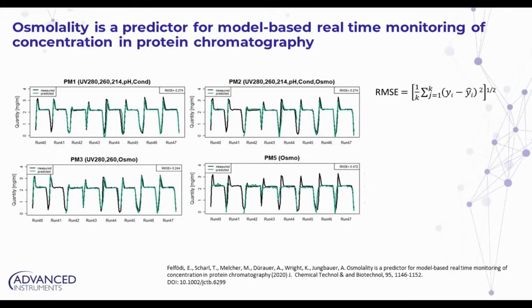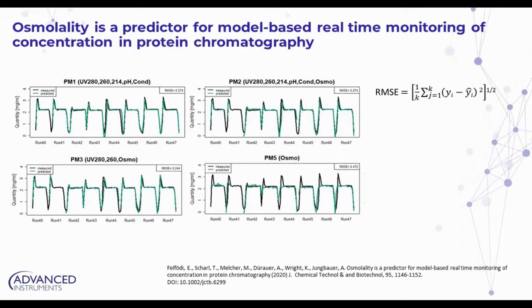I just want to explain one actually simple statistical term. This is the RMSE, the root mean square error. This is actually the sum of all errors between the measured and the predicted values.